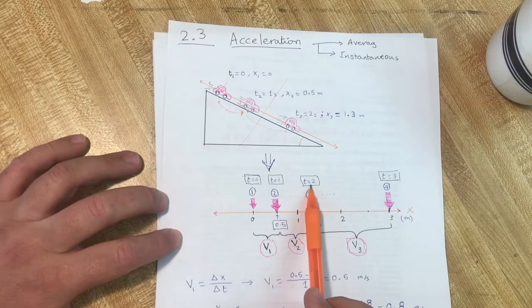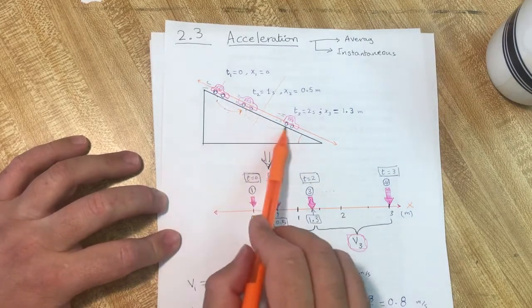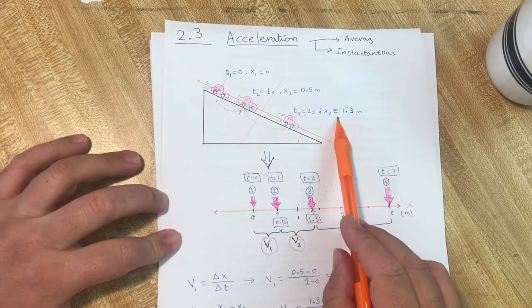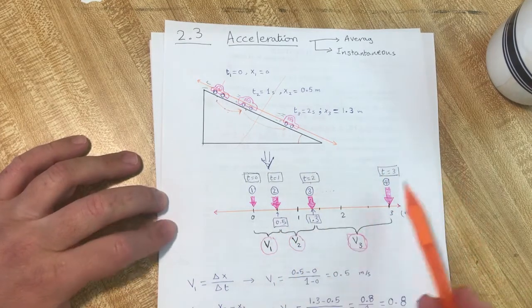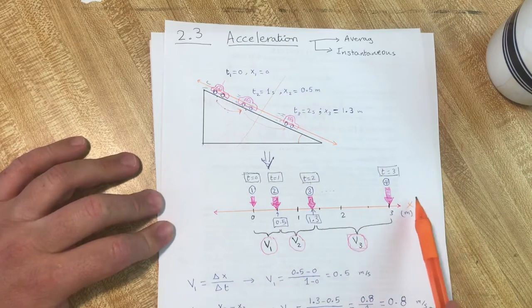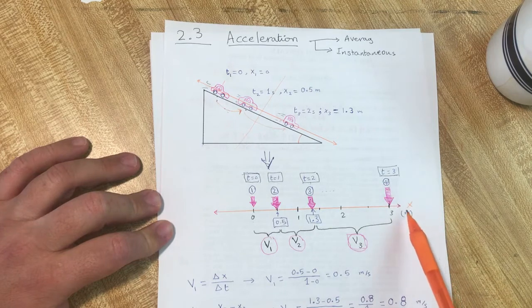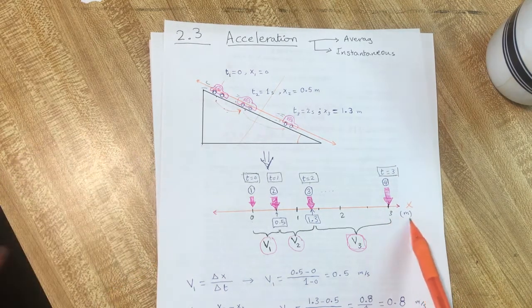After 2 seconds, the car moves more distance than before. It is at x equal 1.3. After, for example, at t equal 3, at the 4th position, the x position is 3 meters.